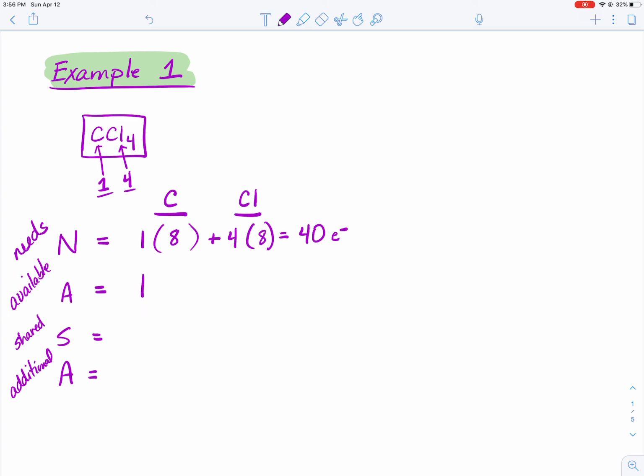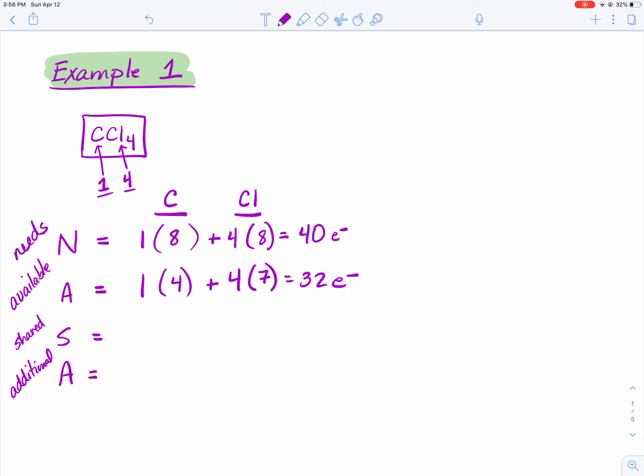We still take into account how many you have of each atom. So we have 1 carbon and it's in group 4, so that's how many valence electrons it has available. Then we add that to the 4 chlorines and how many valence electrons each has available, which is 7. We sum that together, and it turns out this will be 32 electrons.